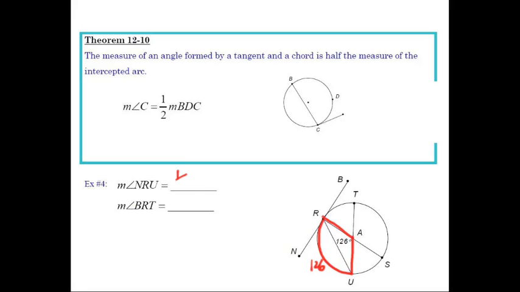That's what I'm trying to figure out. NRU is half of that. NRU is 1/2 of 126. All right, so 63. Oh, sorry, this one is 54. Because this is 180. So 180 minus 126 is 54. And this is going to be half of 54, which is 27 as we go through it.